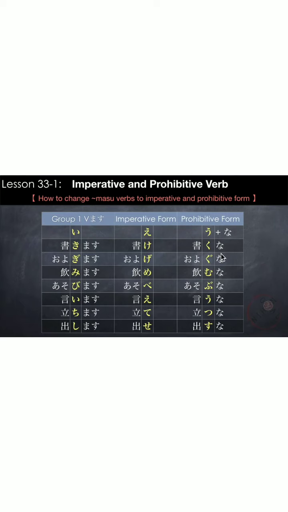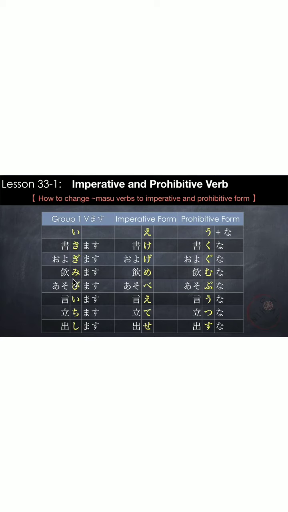Don't write. Kakimasu, kake, kaku na. Another example, oyogimasu, meaning to swim. It becomes oyoge. Gi becomes ge, oyoge. And for prohibitive, it becomes oyoguna.